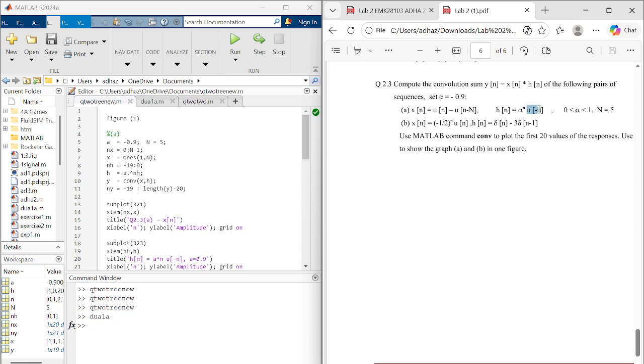This is called an anti-causal signal. In our code, we define our time vector from negative 19 to 0. When we convert this to MATLAB, the starting point of our result is the sum of the starting points of the inputs. So h starts at negative 19 and s starts at 0, and our output y starts at negative 19.